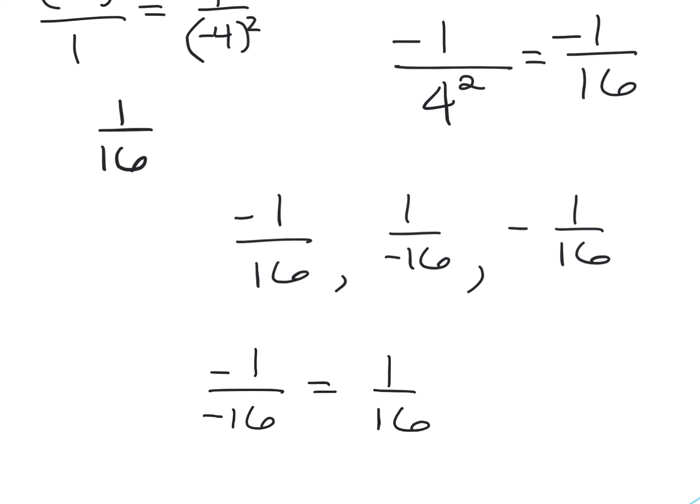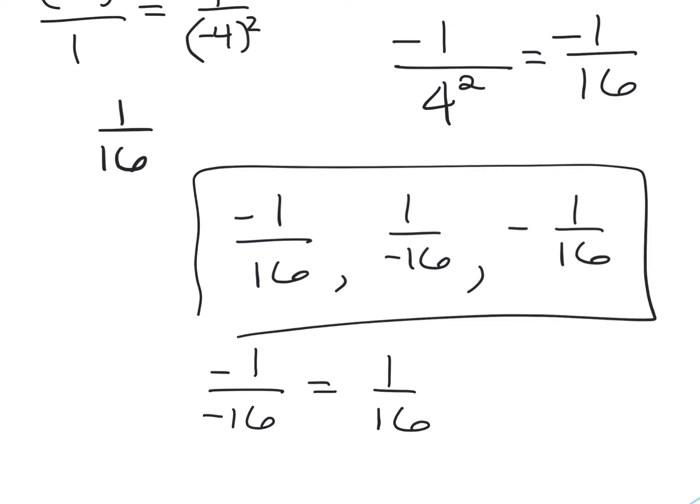So whenever you're doing a problem, if you end up with a negative in the numerator and a negative in the denominator, just remember that is going to simplify to a positive fraction. But if the negative sign ends up in the top of the fraction or the bottom, or even if it's given to you in front, all three of these things mean the same thing. It doesn't matter the location of the negative sign. Everybody good there? All right, let's try some more examples.